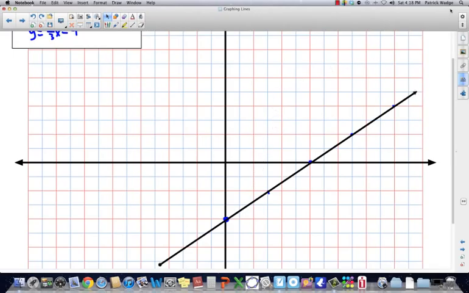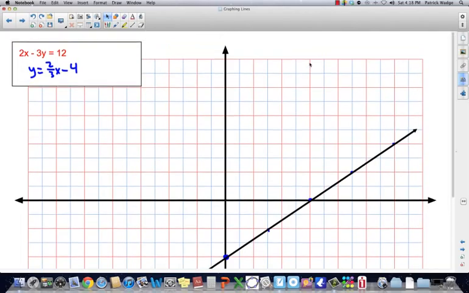Okay, but I want to show you there's another way you could graph this. So let me get rid of the equation, and we'll show you another way you could have done this. You could have found the x- and y-intercepts. The x-intercept is where the line crosses the x-axis.